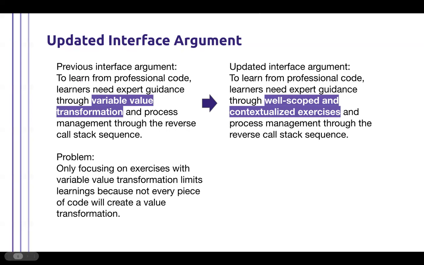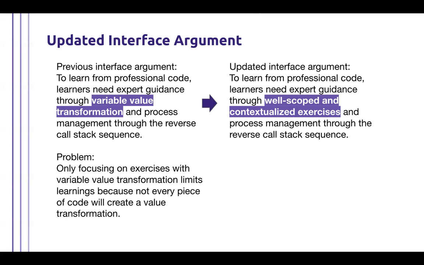But in order to understand how a variable value changes, learners need to understand all the helper functions and any variable or function that is declared, because those are going to be building blocks to understand why a value has changed. So by skipping over all these other pieces of code, we aren't allowing learners to fully understand variable changes, which leads to the updated interface argument.